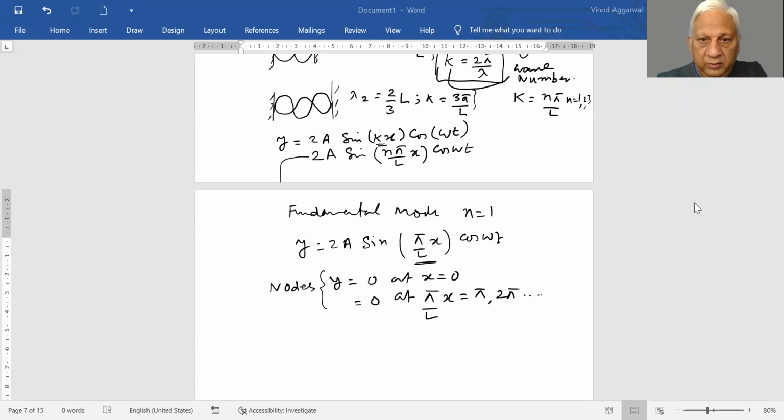For the fundamental mode, we only restrict ourselves to the first value.